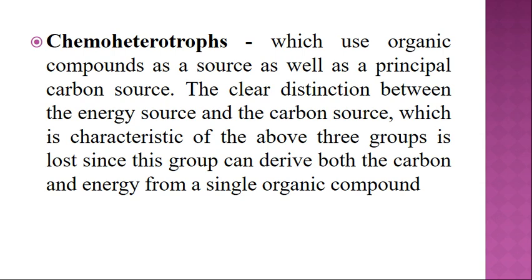So chemotrophs are further classified into chemoautotrophs and chemoheterotrophs, out of which in chemoautotrophs the carbon source is atmospheric carbon dioxide and the energy source is inorganic compounds, while in chemoheterotrophs organic compounds act as both carbon and energy source.